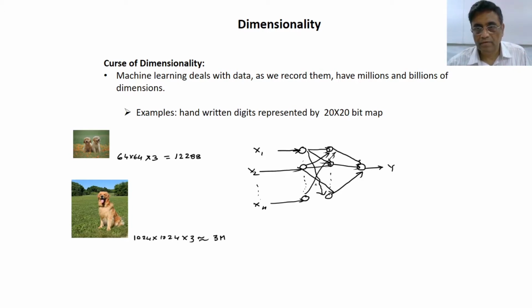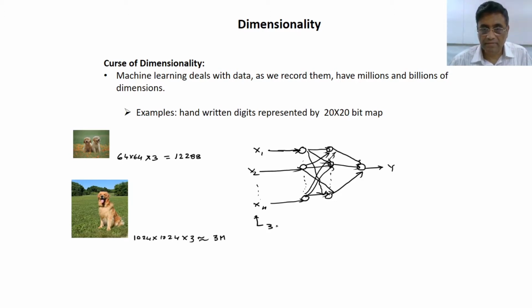So this is already having the x vector, the feature vector, with 3 million.